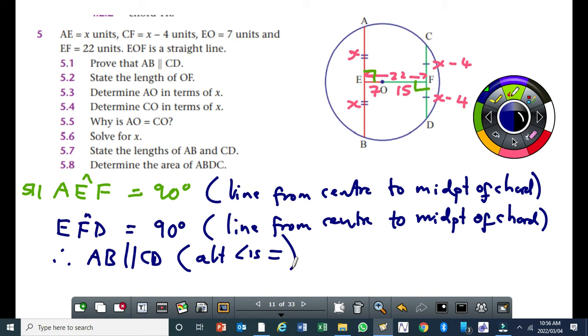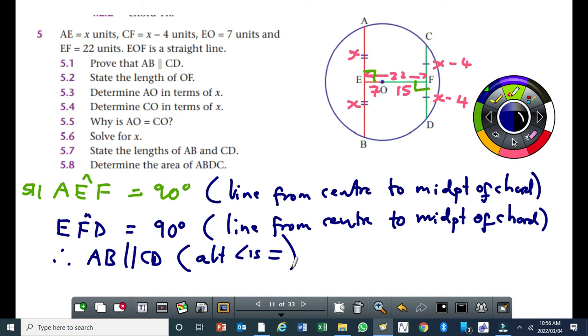We are not told that the lines are parallel, but we are told that we need to prove that they are. Could you do it by proving that both lines are perpendicular to a line that bisects them both? That's what we did. I proved that AEF is perpendicular to EF, and that CFE is perpendicular to EF.